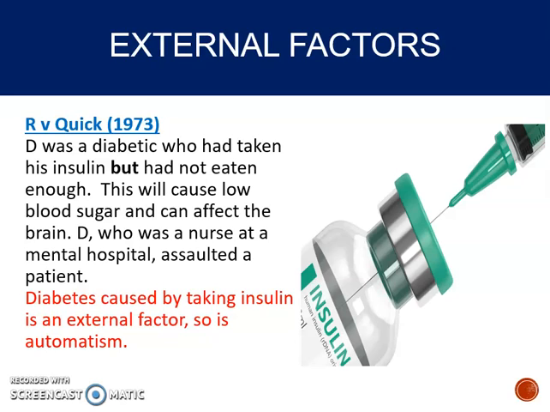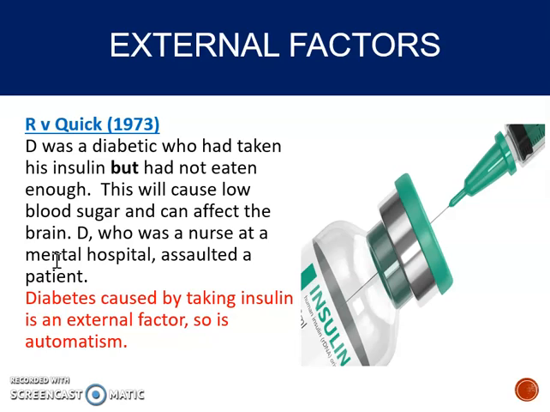external factors. So we've already considered a diabetes case, Hennessy. We always need to contrast that with the case of Quick. In Quick, our defendant was a diabetic who had taken his insulin, but hadn't eaten enough afterwards. And this caused low blood sugar, which will affect the brain.